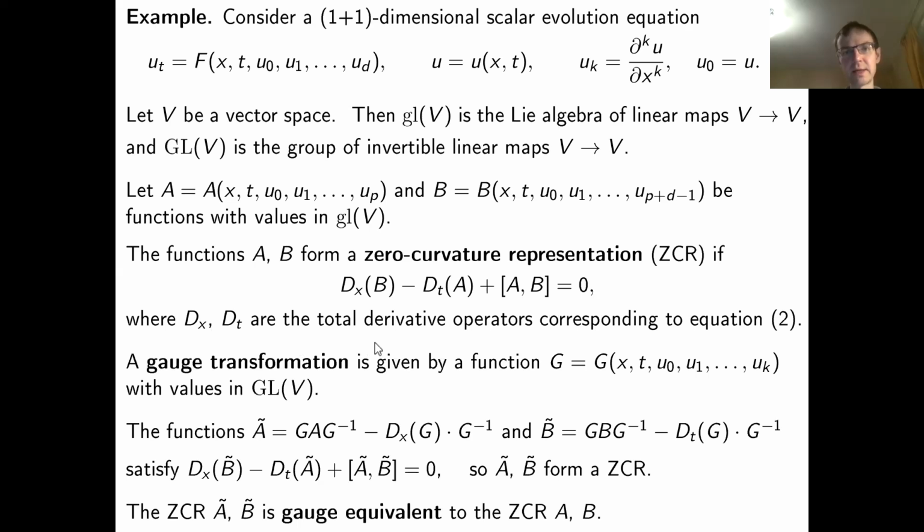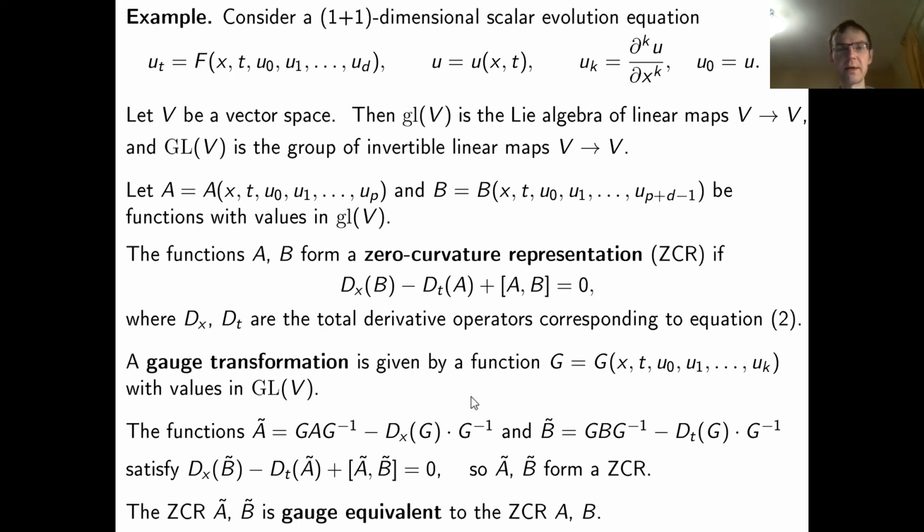Now, we need also so-called gauge transformations. A gauge transformation is given by a function g with values in the group of invertible linear maps. If we have a zero curvature representation given by a and b and a gauge transformation given by g, we can produce a new zero curvature representation given by functions a tilde, b tilde, which are written here.